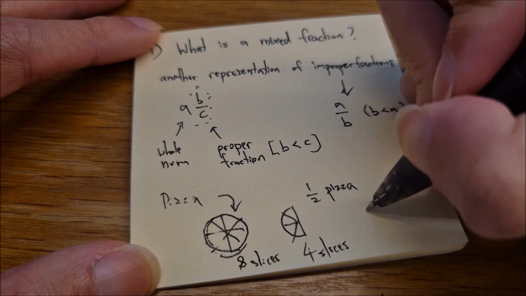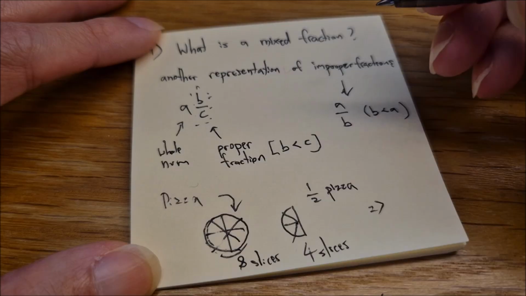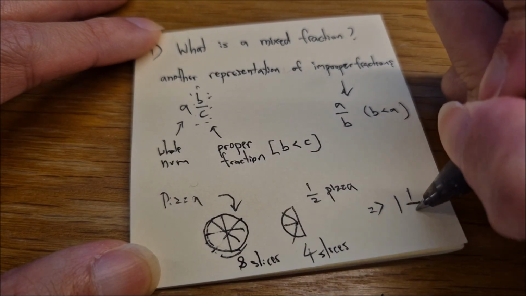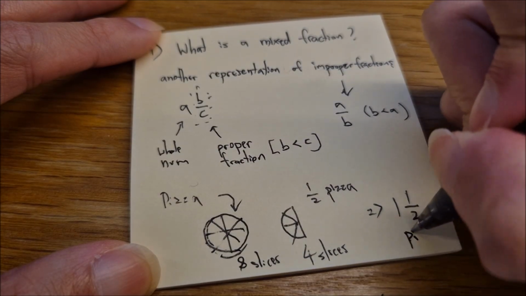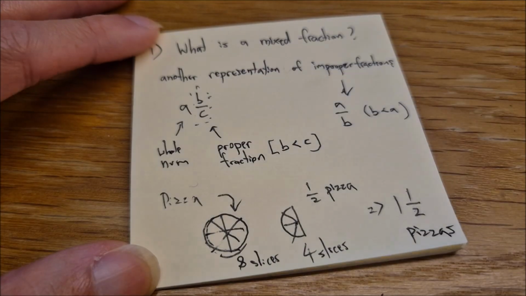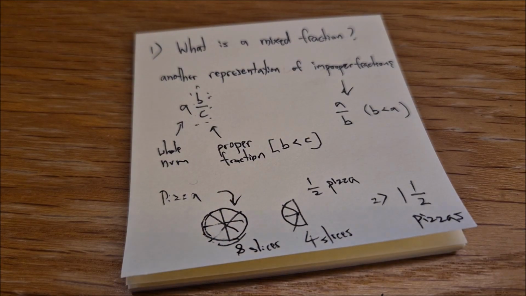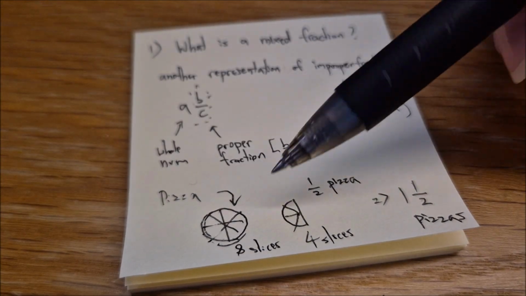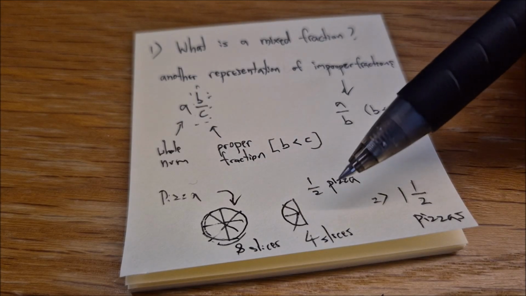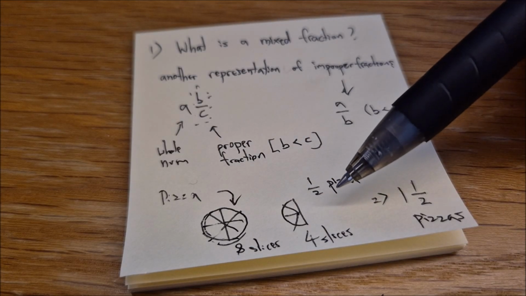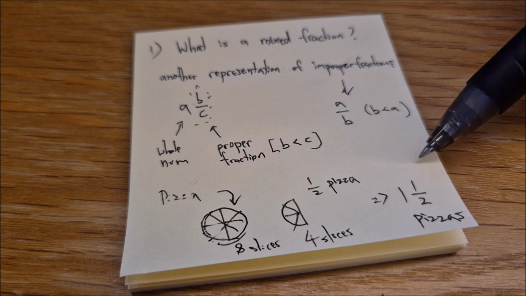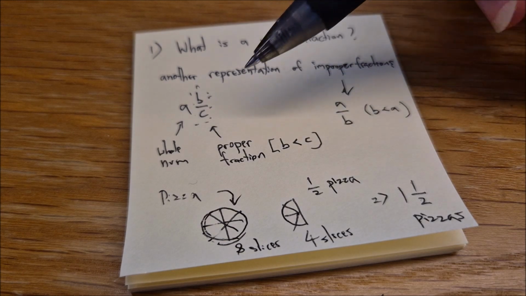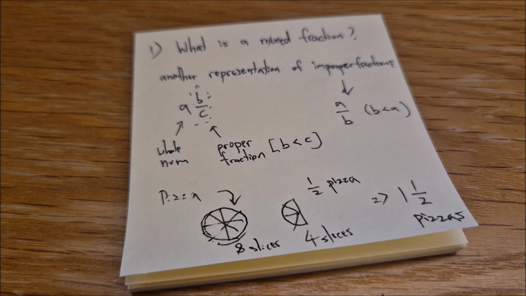So adding these together, we can say we have 1 and a half pizzas, and that's basically the gist of a mixed fraction. It's saying how many wholes of something we have, and then how many parts we have remaining, and this will make up the mixed fraction.